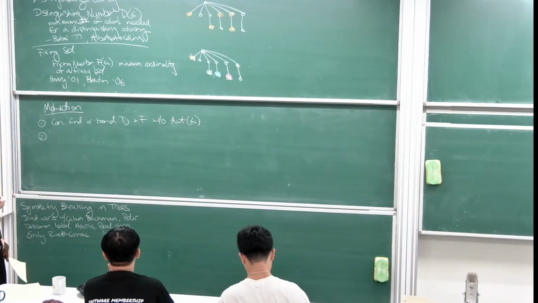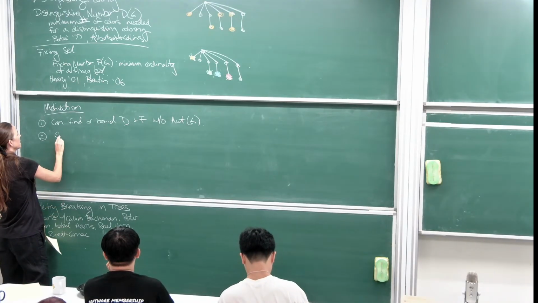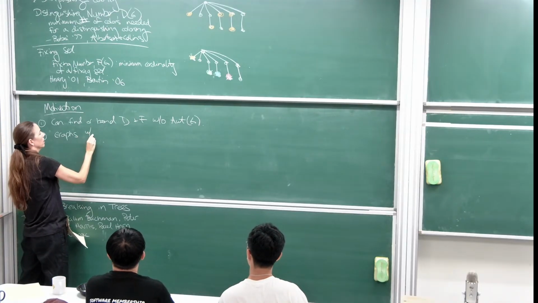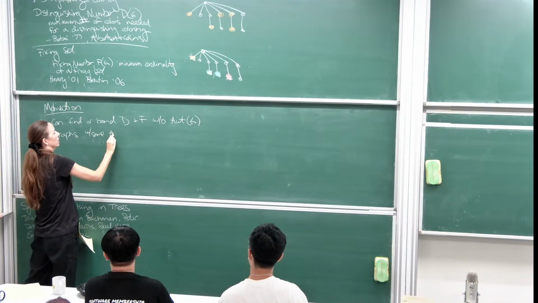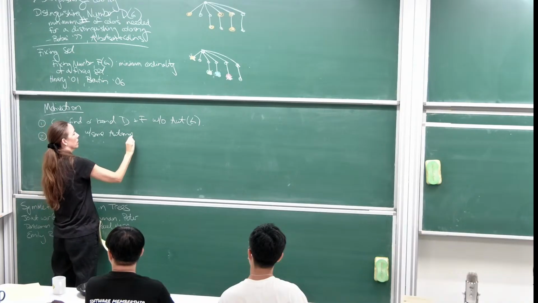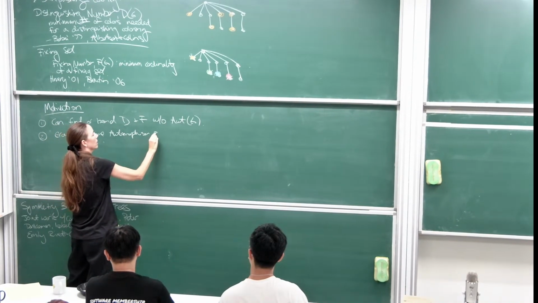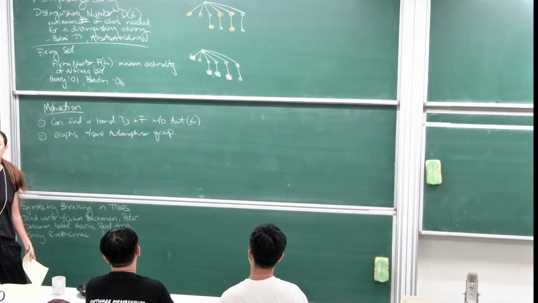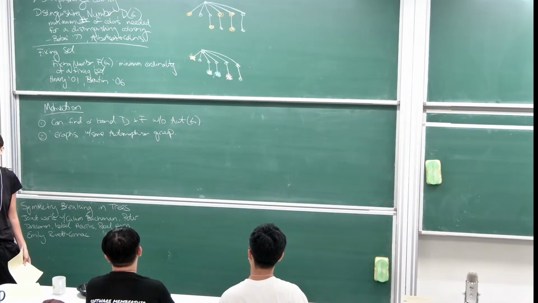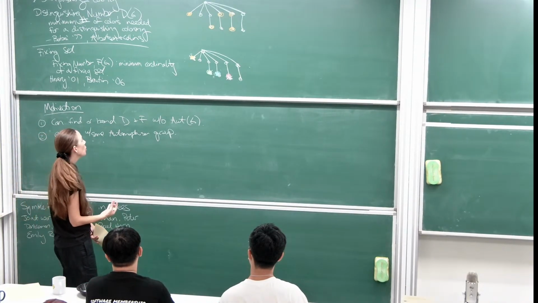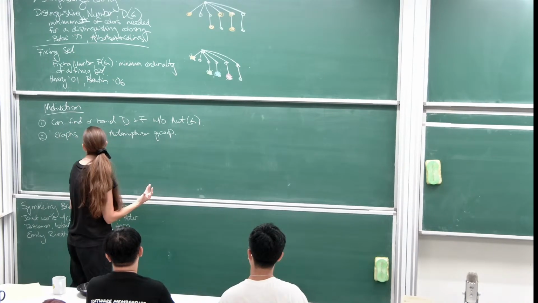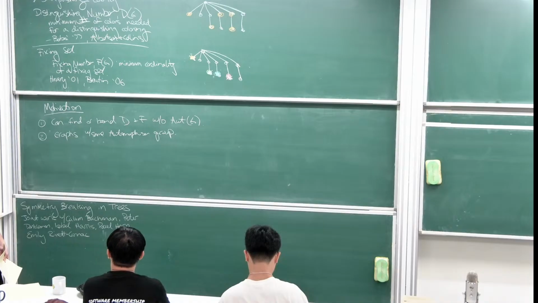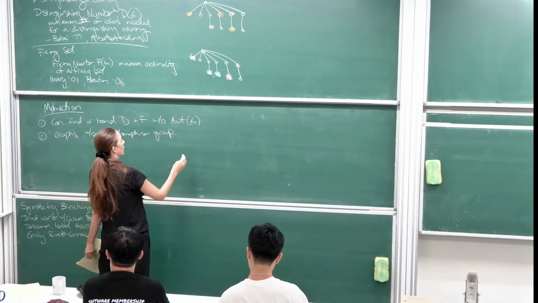Two, it's also the case that graphs with the same automorphism group, so maybe you do know what this is, can have different distinguishing numbers and different fixing numbers. So the study of this is contributing something different in terms of symmetry besides just what the automorphism group is.